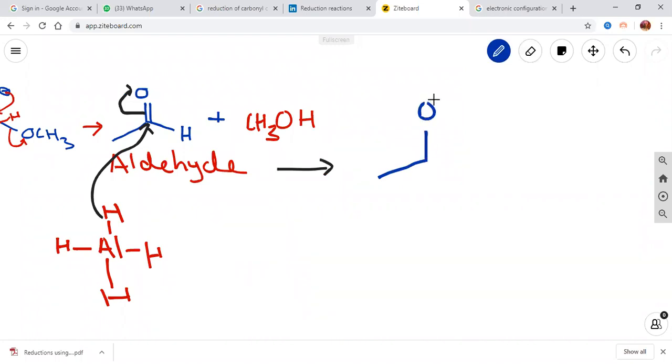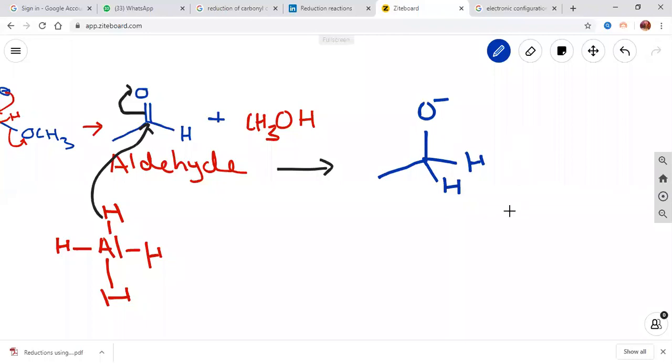Double negative charge, one hydrogen, the other hydrogen. Now this negative charge, there is no leaving group in this molecule, you can see here. So this negative charge cannot come back for the double bond formation.